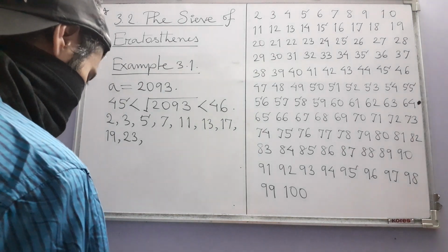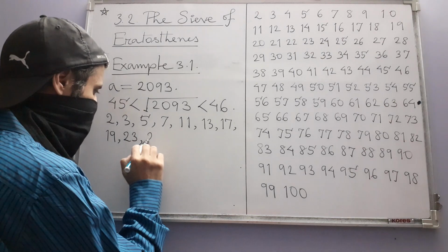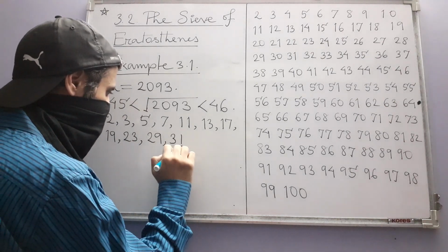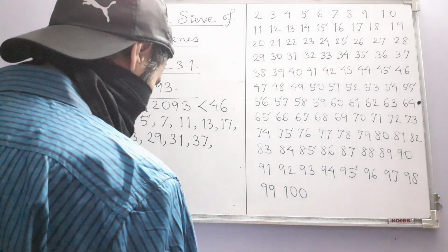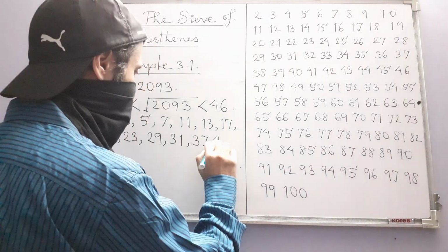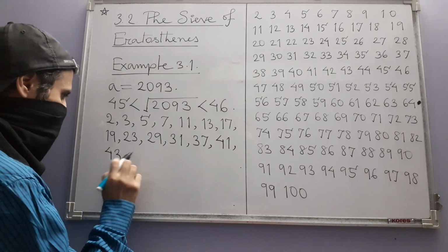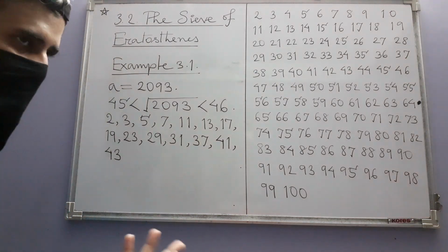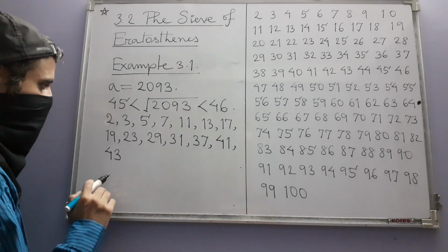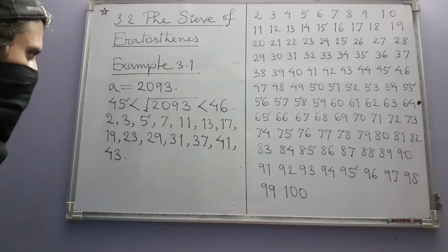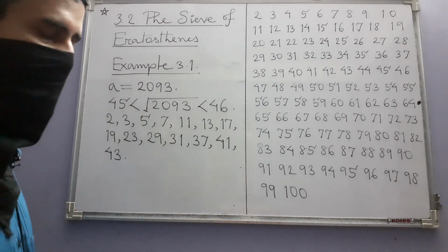Then see, already I am struggling. 23, yeah, then the next one is 29, then 31, 37, 41, 43. 39 is not a prime because it's 3 times 13. 43, and that's it. So these are all the primes that are less than or equal to square root of this number A.